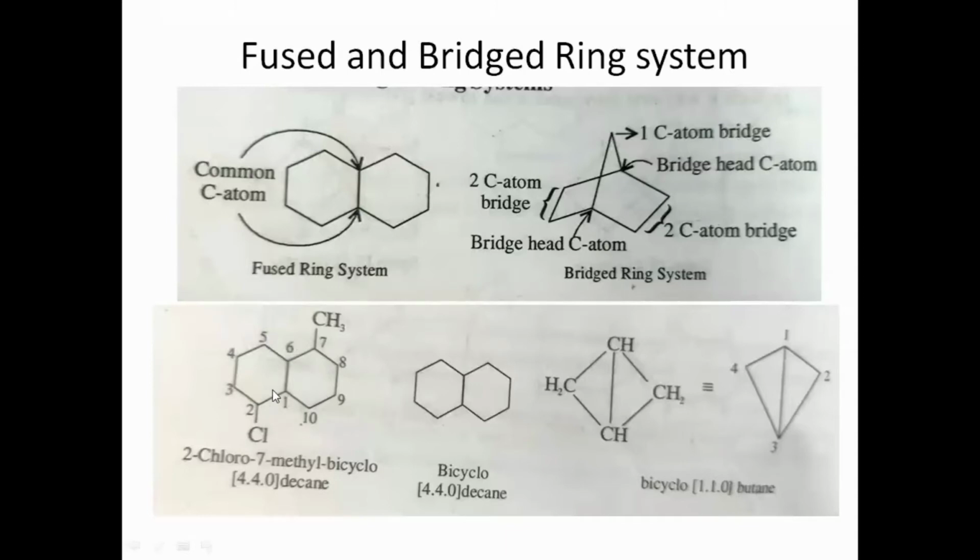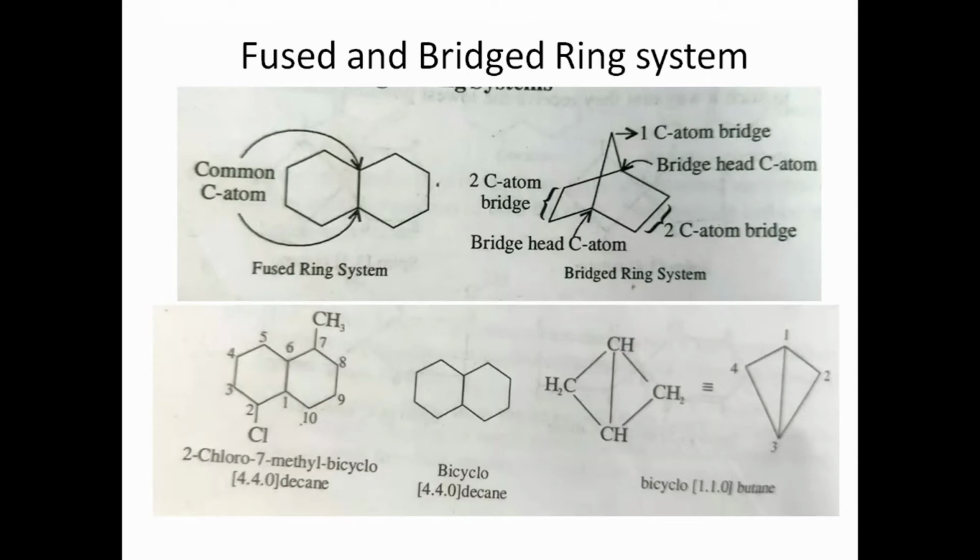So if substituents are present, then we will name the substituent first. This is the second, that is 2-chloro. It will come as 2-chloro 7-methyl. While writing the substituents, you will follow the alphabetical order. So C, chlorine, comes first.